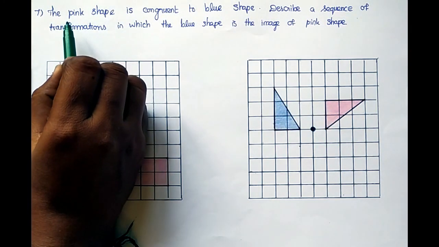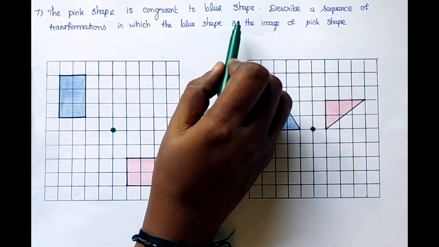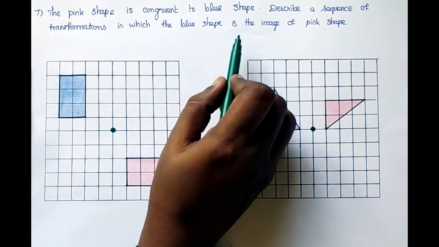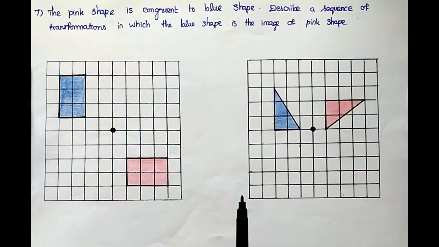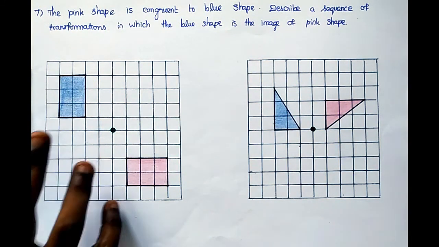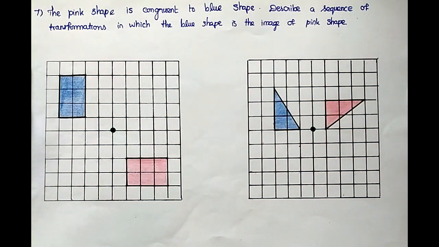Seventh sum, the pink shape is congruent to blue shape. Describe a sequence of transformations in which the blue shape is the image of pink shape. So here pink shape is the pre-image, and the blue shape is the image. So what are the translations?